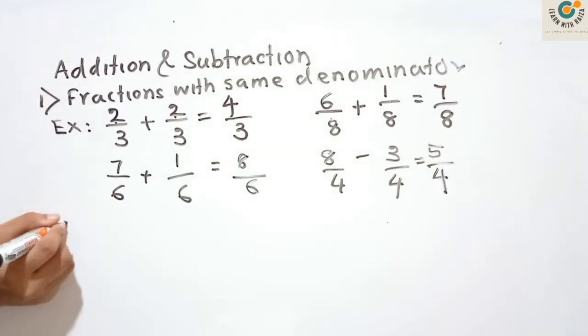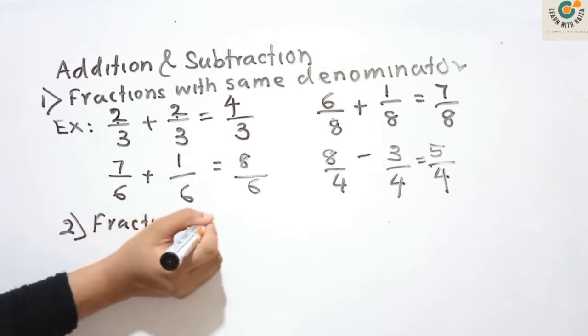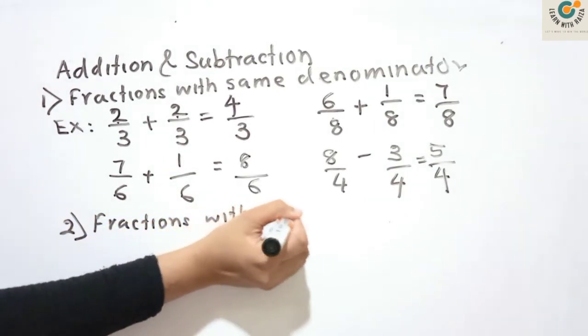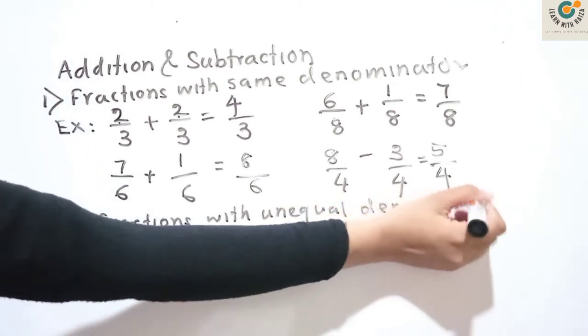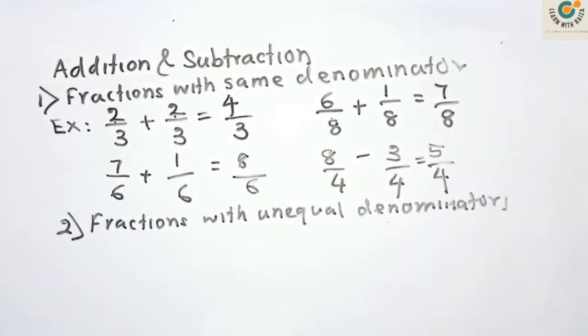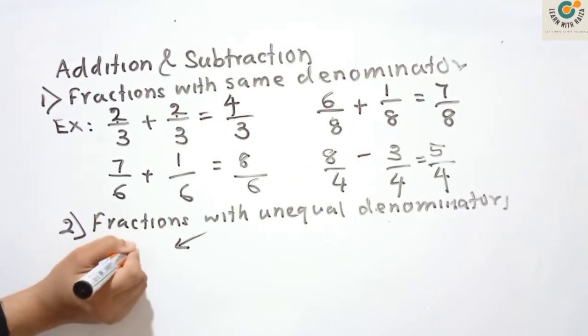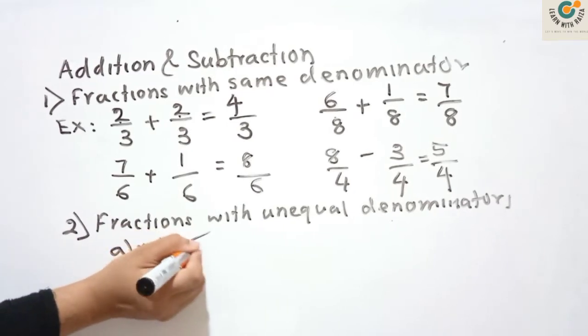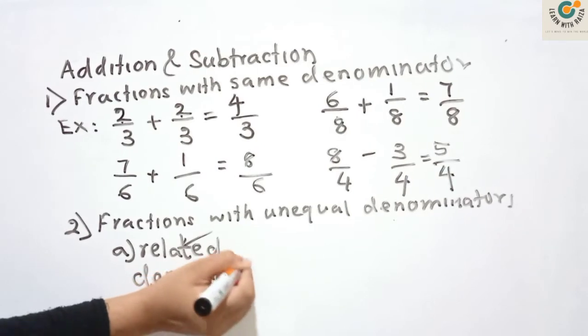The second topic I would like to take is addition and subtraction of fractions with unequal denominators. When the denominators are not equal, there are two situations to be discussed. The first situation is fractions with related denominators. You see that denominators are kind of relatives.